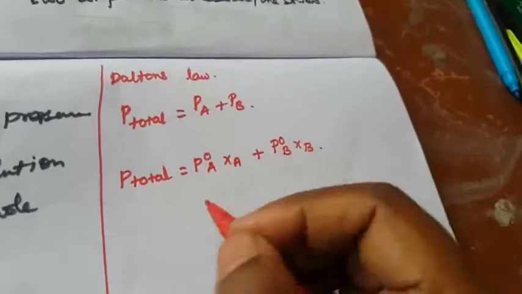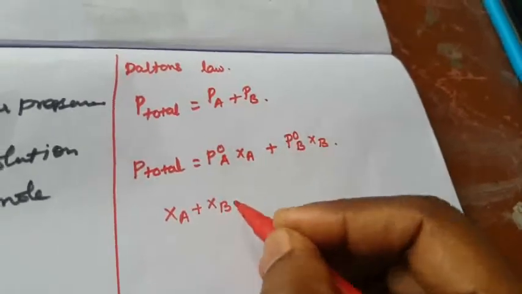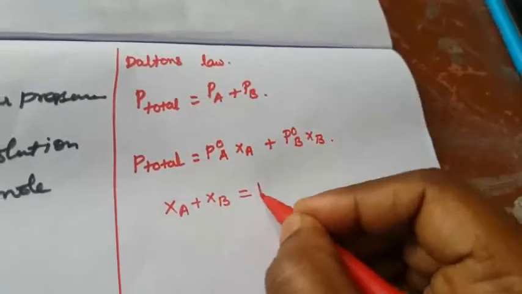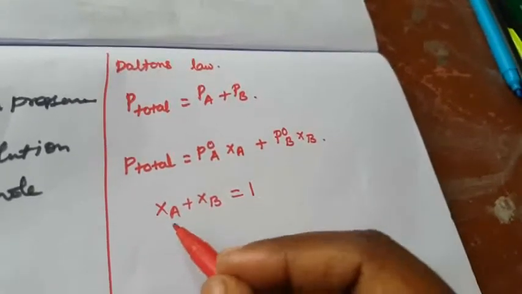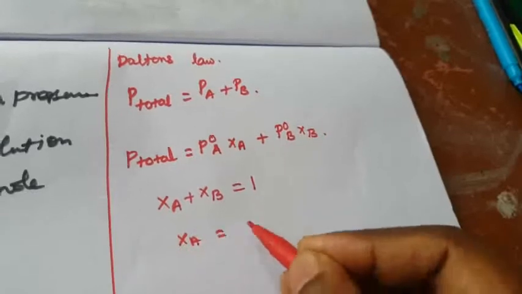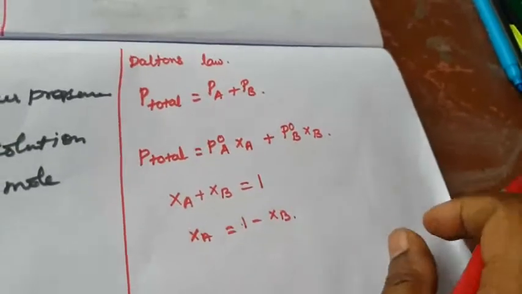We already know, from the previous video, that the mole fraction of any two components adds up to 1. So what is meant by XA? XA is equal to 1 minus XB. Now substitute this into this equation.